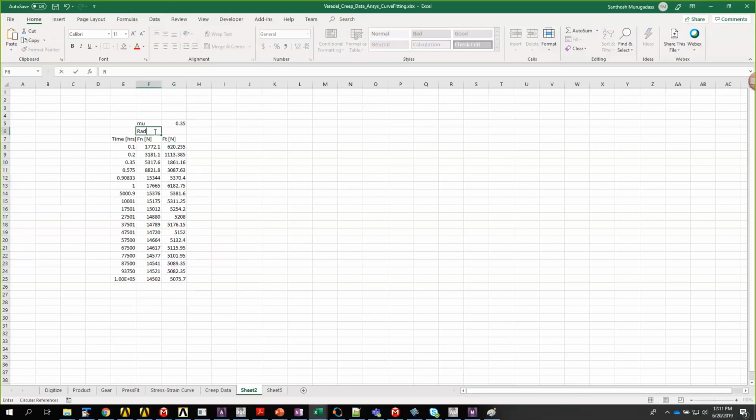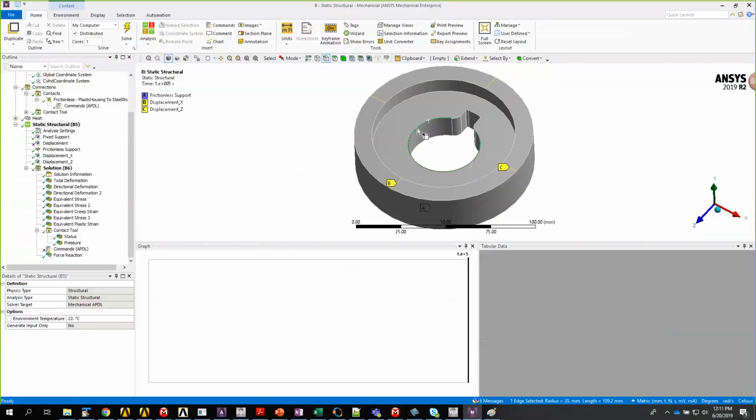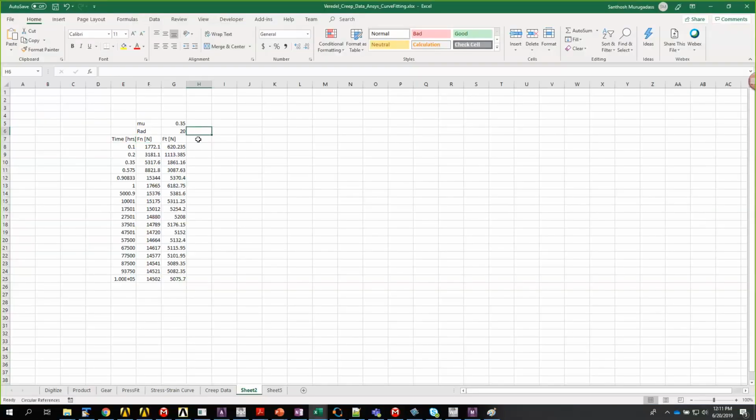Is 20 the radius or diameter? Let me say that it's a radius. As you can see, the radius is 20 mm. So my resisting torque is going to be in units of Newton mm.